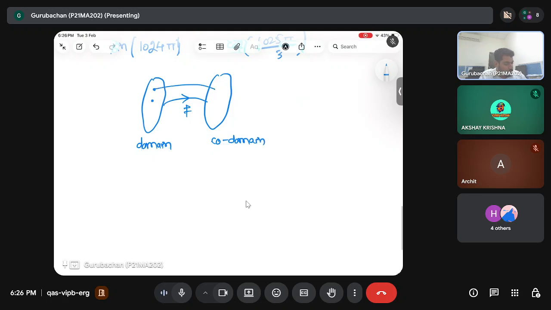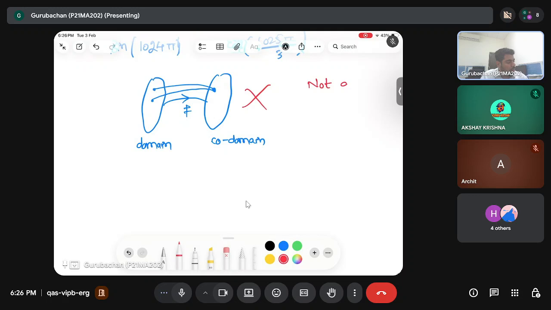With respect to this, is this a one-one function? No, this is not a one-one function. Reason: we got 2 points which have the same image.